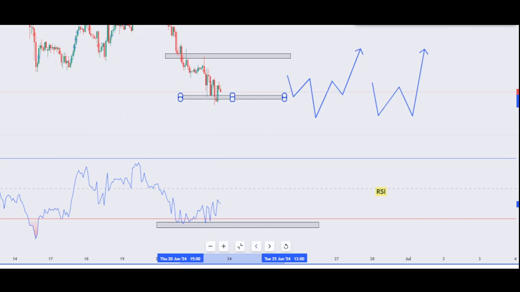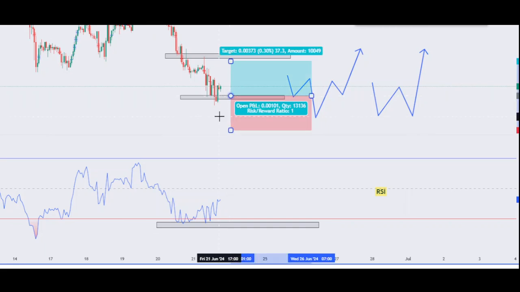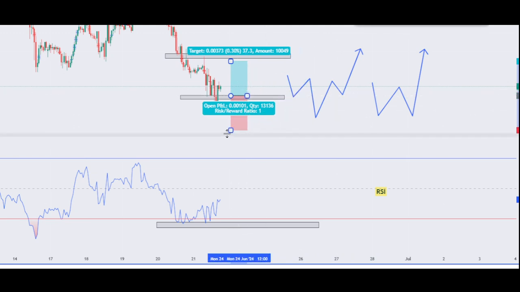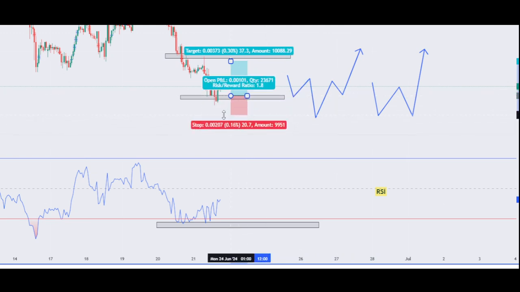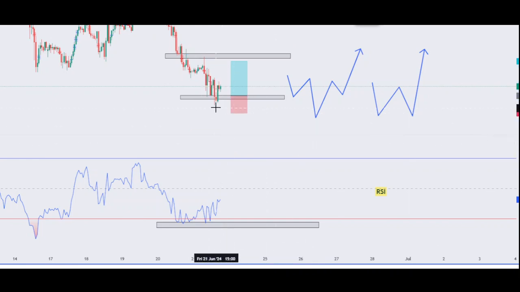Then you have to set your buy limit order around this zone on your MetaTrader 5 or MetaTrader 4, depending on what you are using. Then put your stop loss below the last lowest price. Put your stop loss below it like this.